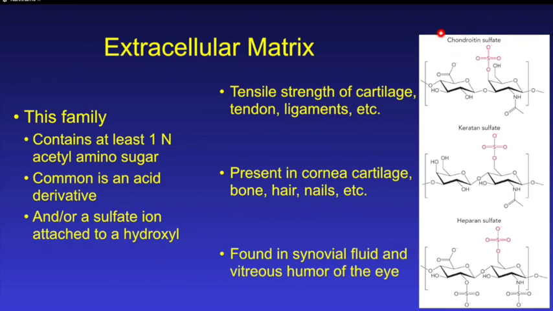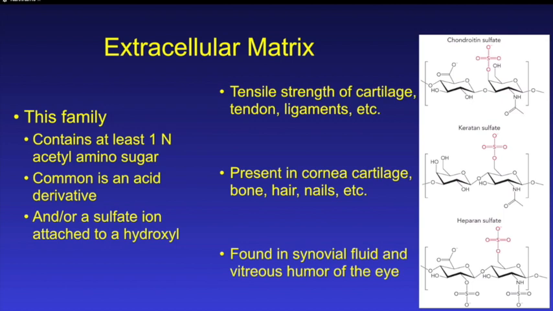A lot of times if you've watched commercials and they talk about arthritis or joint pain, if you take chondroitin sulfate, this is a component of the matrix-like material in the joints, and if you are missing that, you can ingest some of these. Hopefully it makes it into your joints, and so it also provides tensile strength for the cartilage, tendons, and ligaments.